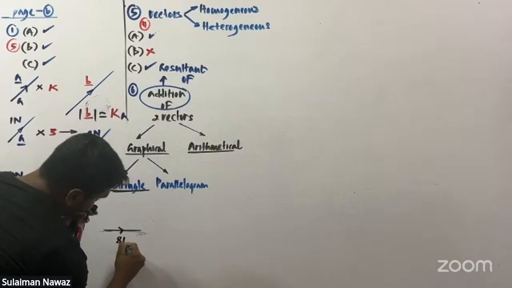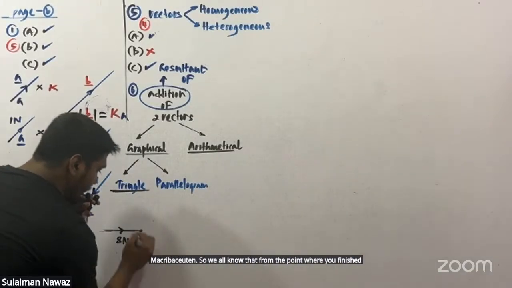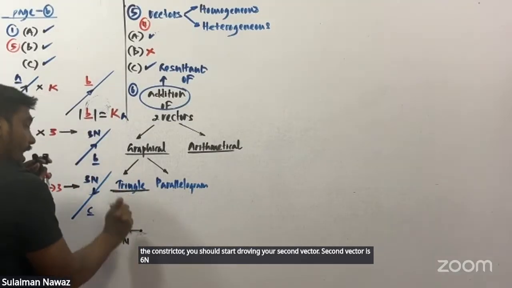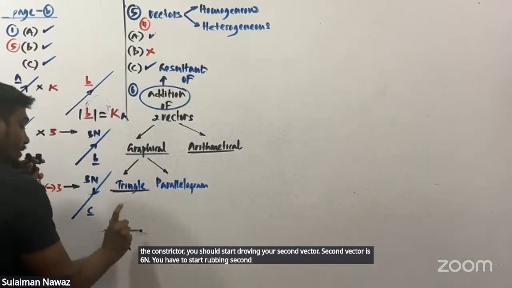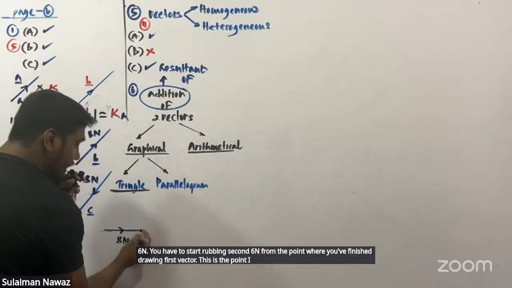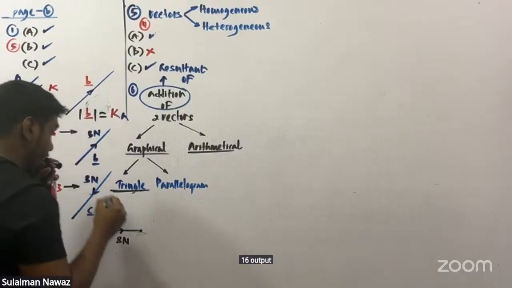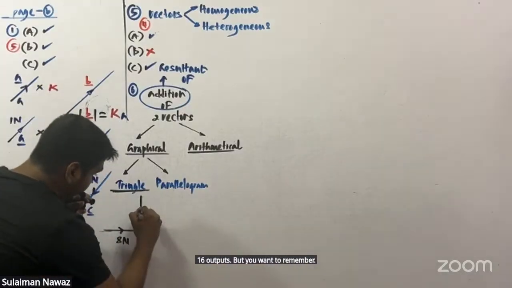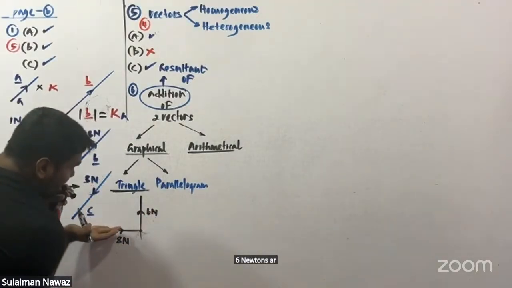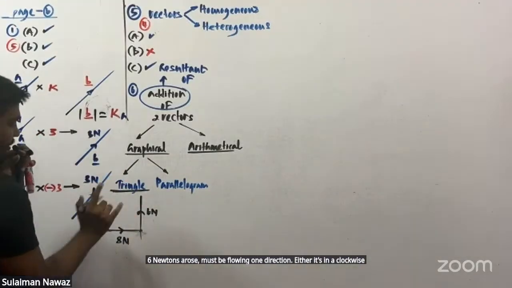From the point where you finish drawing the first vector, you start drawing the second vector, 6 Newton, upwards. Remember, the arrows must flow in one direction, either clockwise or anti-clockwise.